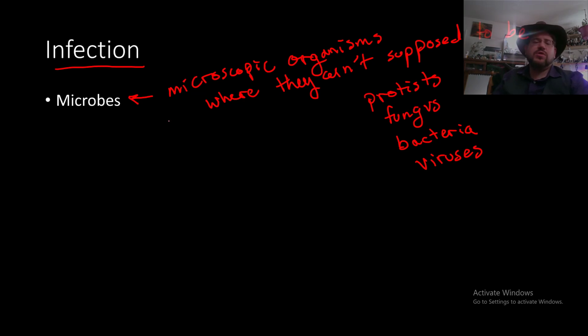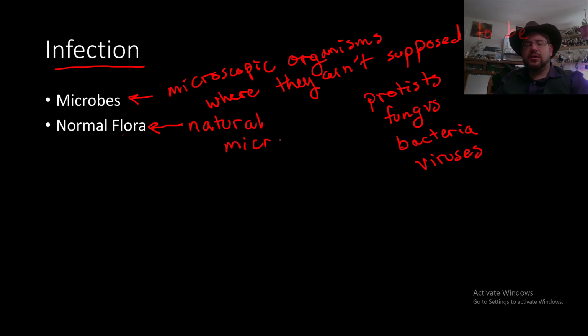They are proliferating where they're not supposed to be. I always like to take a time to mention the normal flora of an organism. The normal flora is the natural microbes that live in and on you.